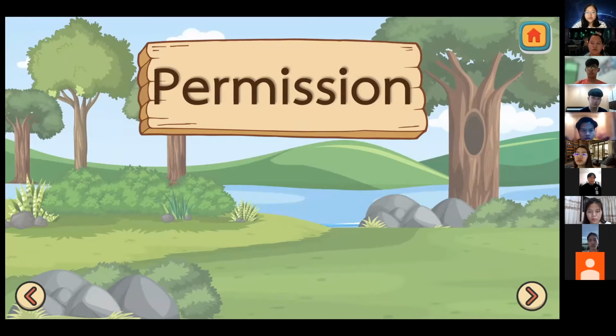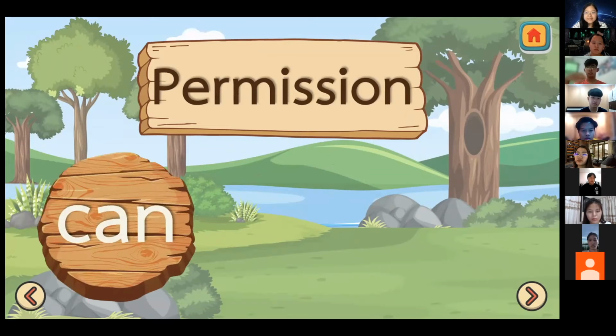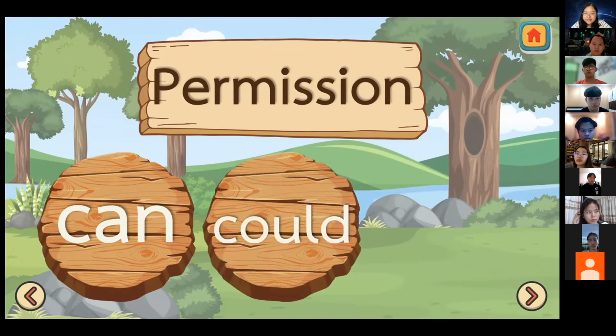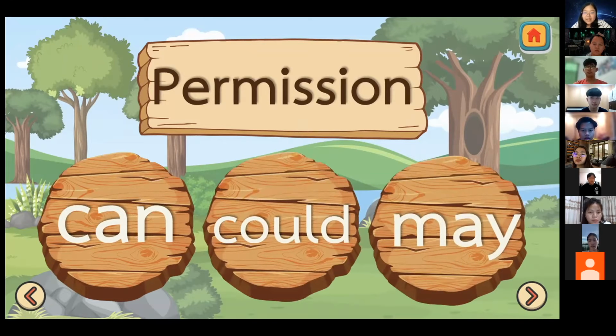You can use these words. The first one is can, could, and the last one is may. May is the most polite, used in formal situations. Okay.